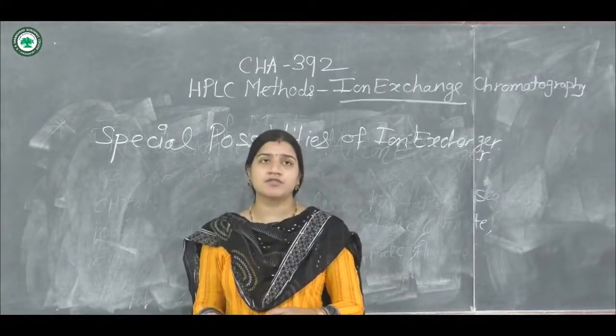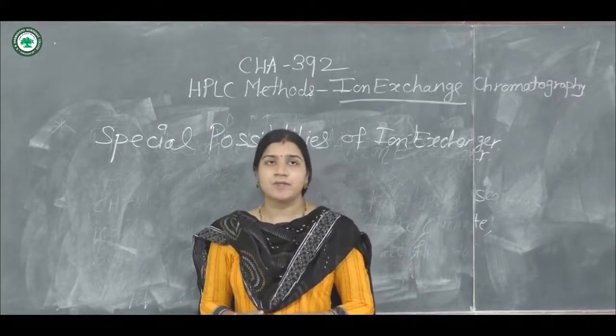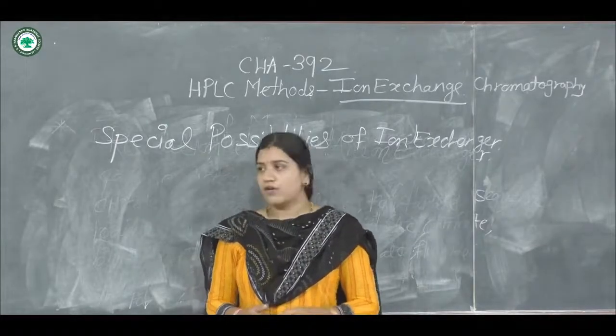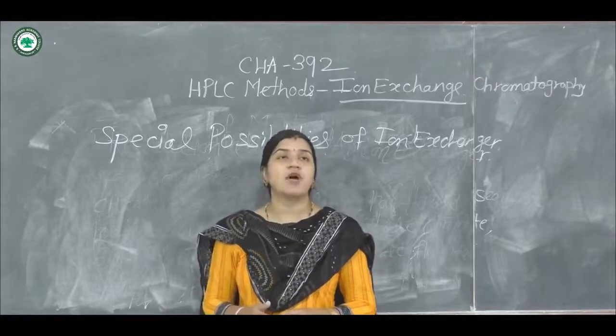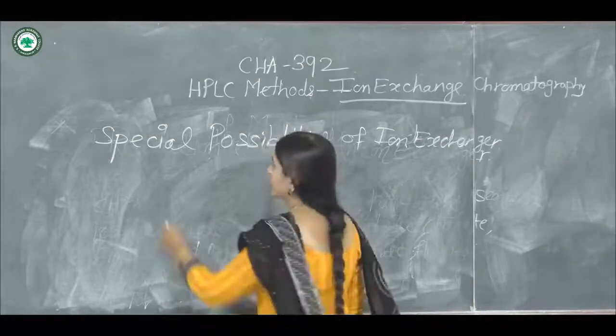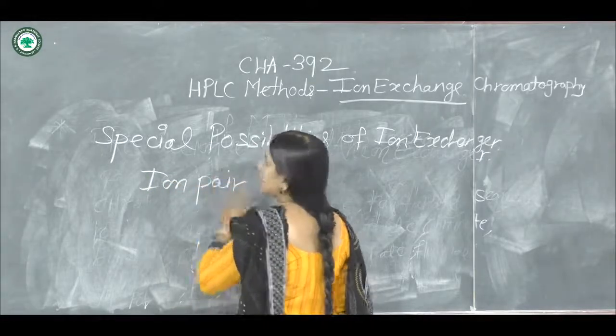The components which cannot be analyzed by simply using the ion exchange chromatography, at that time you have to consider the special cases. For example, if you want to analyze a strong acid or a strong base, then you will prefer ion pair chromatography.